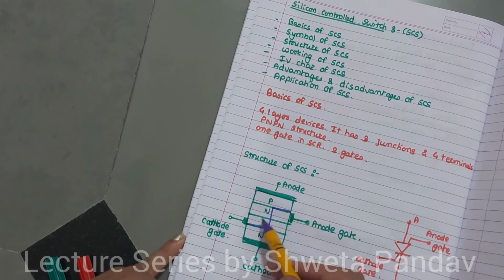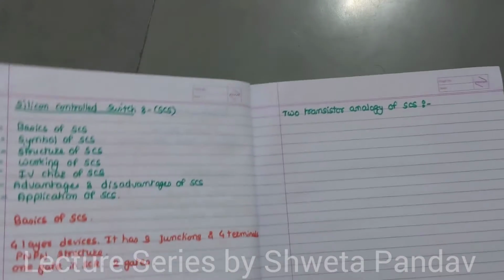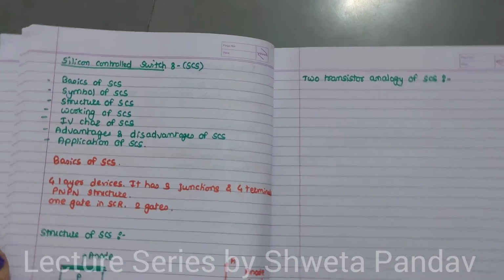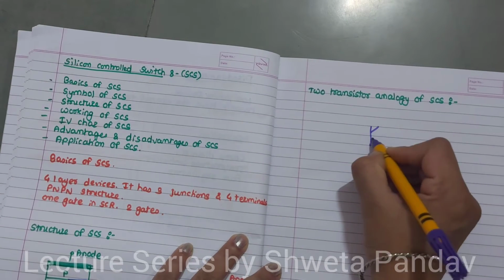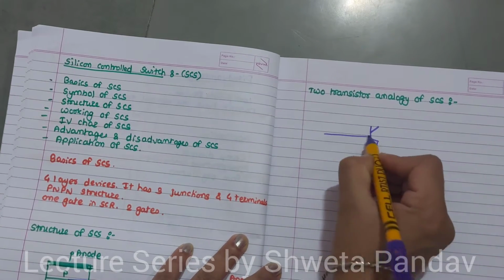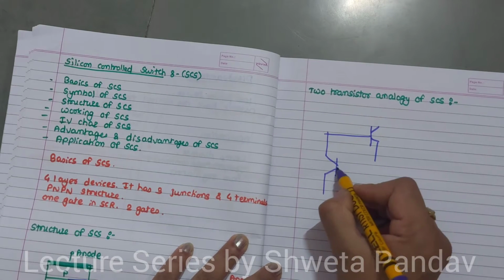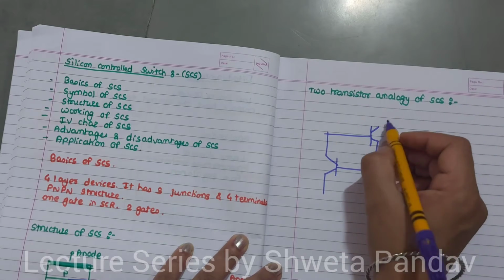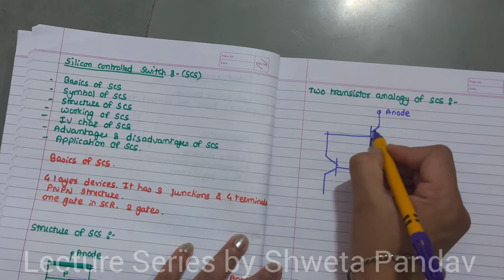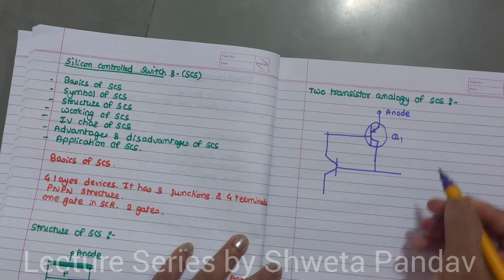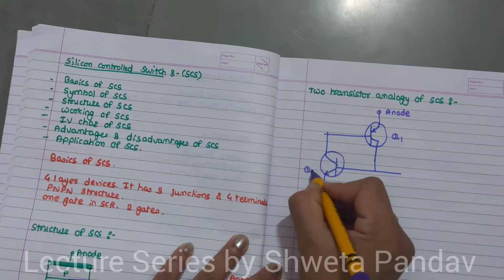One is PNP and the other one is NPN. If I draw the symbolic representation, one is a PNP transistor, suppose it is Q1, and the other one is an NPN transistor, suppose it is Q2.